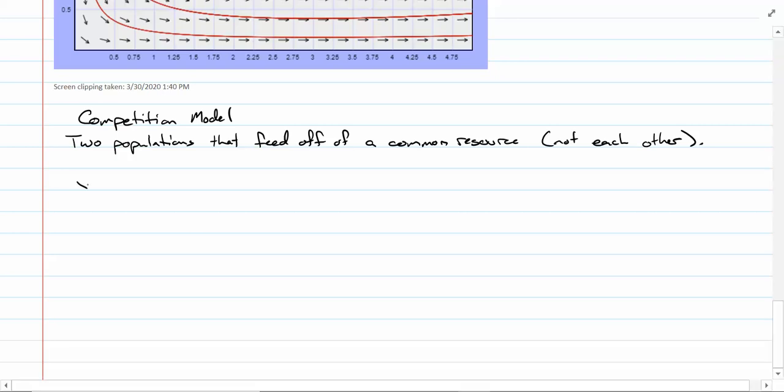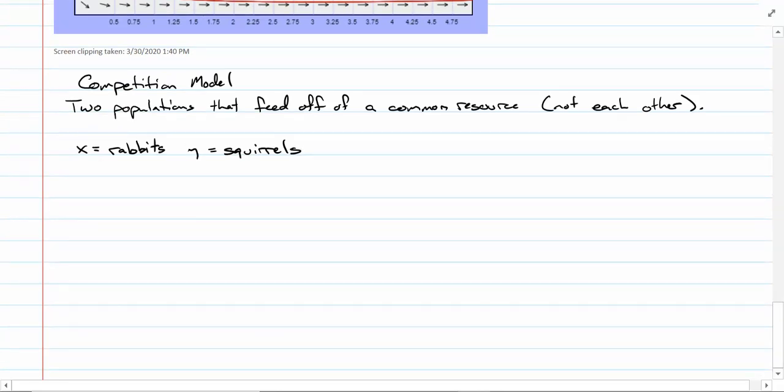Let's say x is a rabbit population, y is a squirrel population. Here are the assumptions for the competition model.